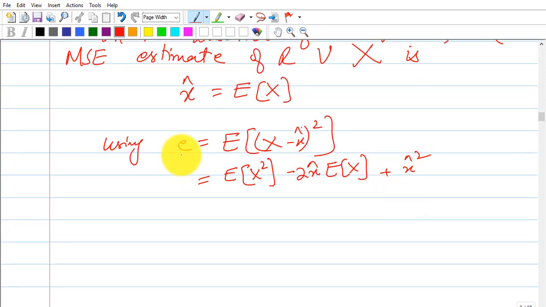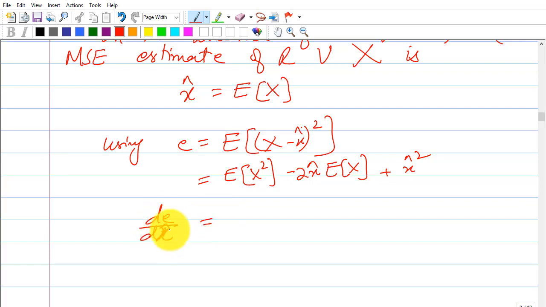Now because this is E and we want to minimize this error, we know from calculus that we have to take the derivative of this function with respect to the parameter we want to minimize.